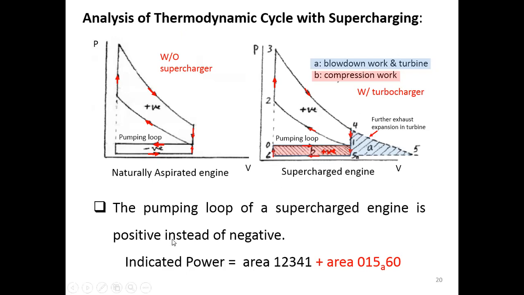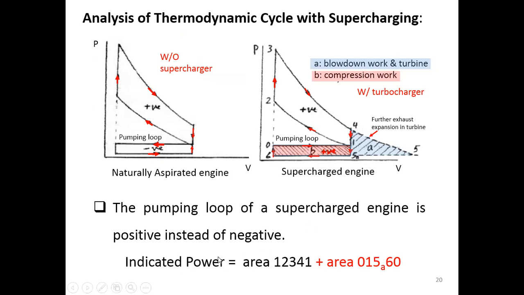So the total indicated work that we receive from the supercharged engine will be what? It will be the area here, which is common to the naturally aspirated engine, plus this colored area here.